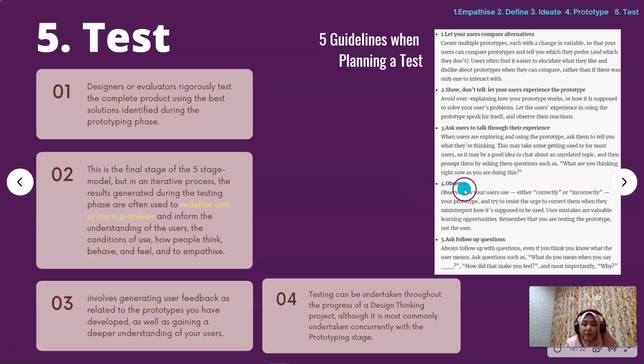Number 4, you need to observe how the user uses it. Do not interfere, you just observe, and then ask follow-up questions, for example whether the user is satisfied with the interface and so on.